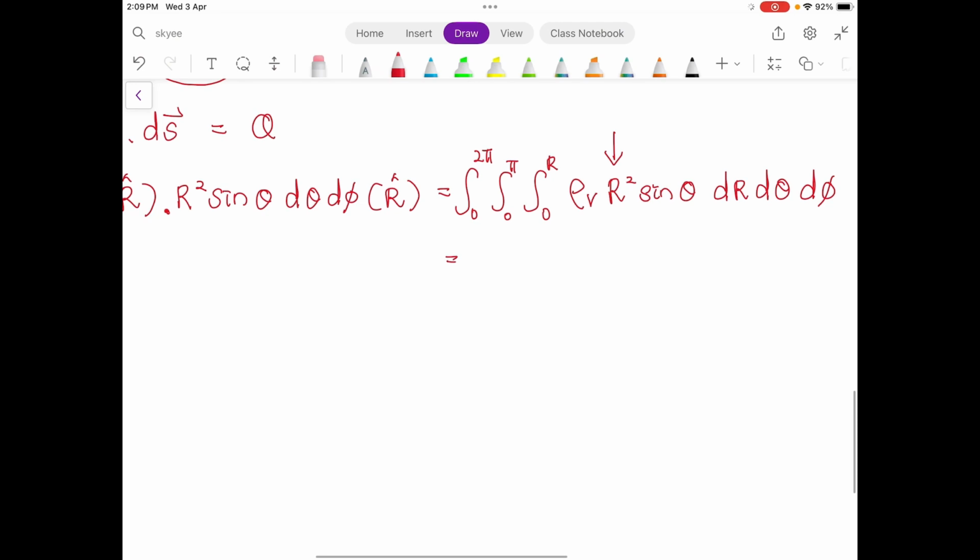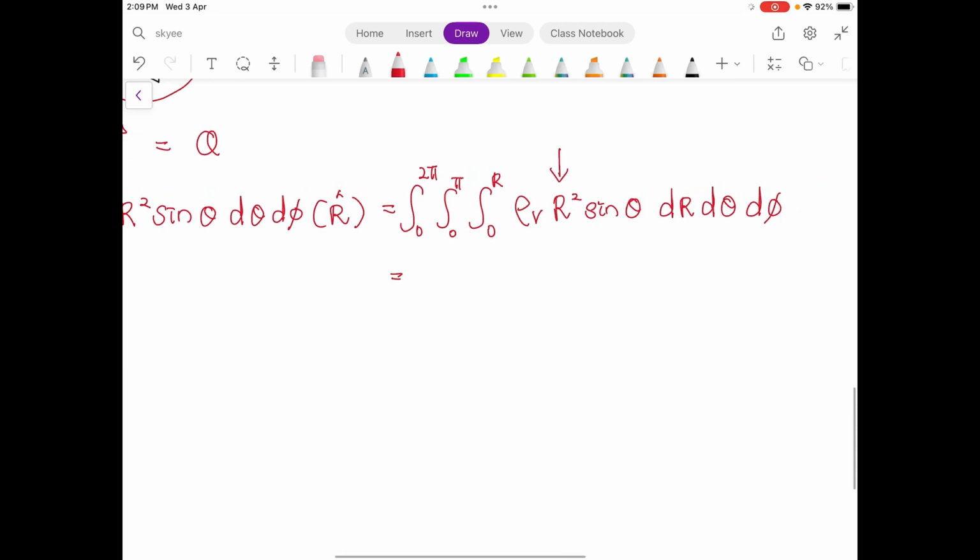Okay, let me solve for the right hand side. You will have rho v, then R cubed over 3, evaluated from 0, and then you have a 4 pi. You can solve it yourself.